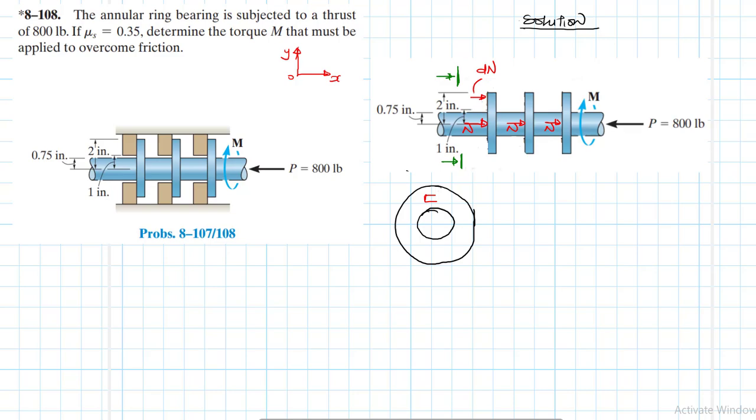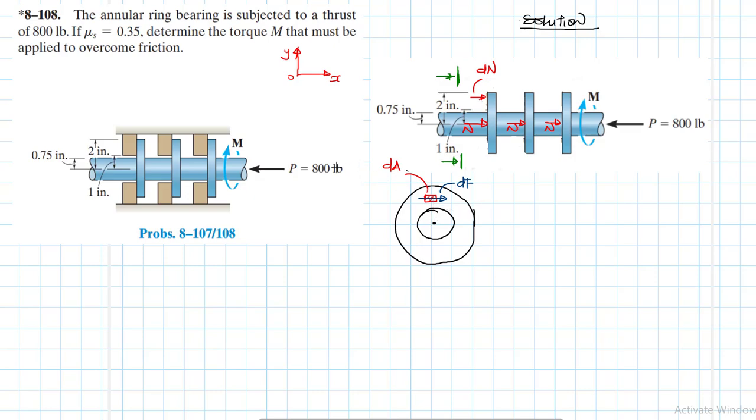I also have a very small dA, the area, and on this area we are going to have a very small friction we are calling dF. This is the one that we want to overcome, and this dF is acting at a centroidal distance r from the center of this bearing. So this distance here is r.